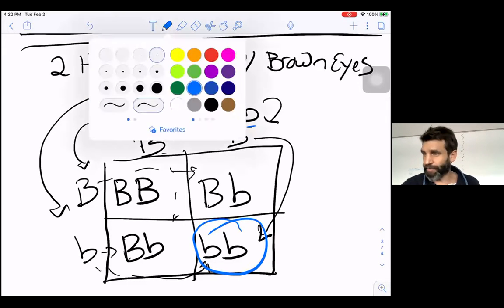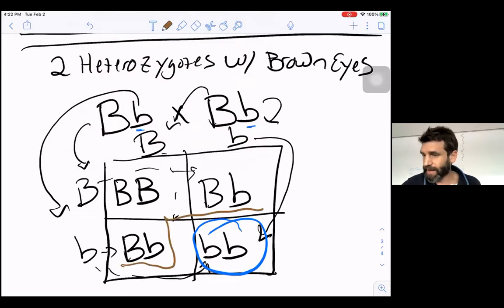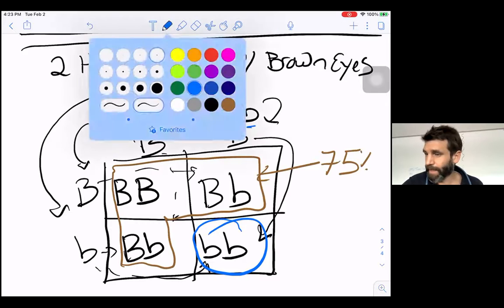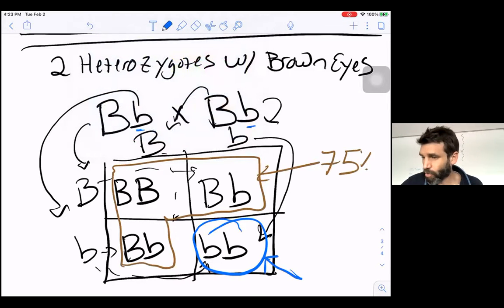These other three here would be brown eyes. So in this case, 75% chance of having a brown-eyed individual and a 25% chance of having a blue-eyed child. And now that's just a chance.